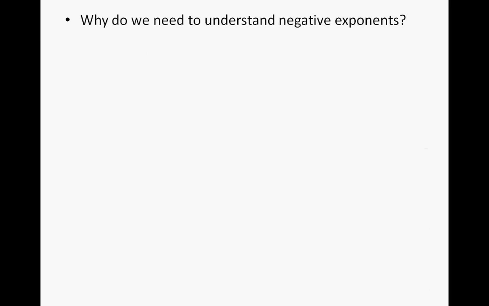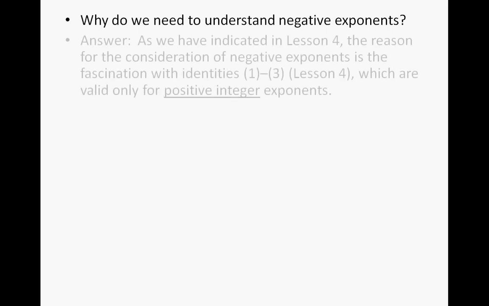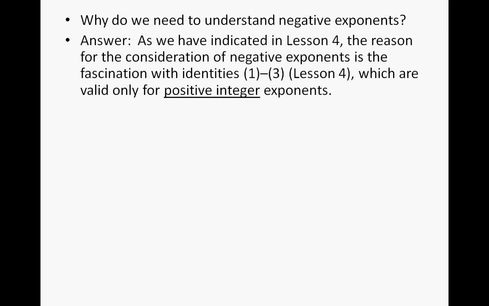All right, so it seems like a whole lot of talk about negative exponents. Why do we even care about negative exponents? Well, as it has been indicated in Lesson 4, the reason for this consideration is the fascination with identities 1 through 3. That is those initial equations that we came up with, which were valid only for positive integers.